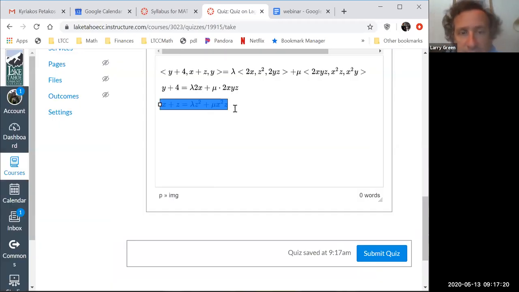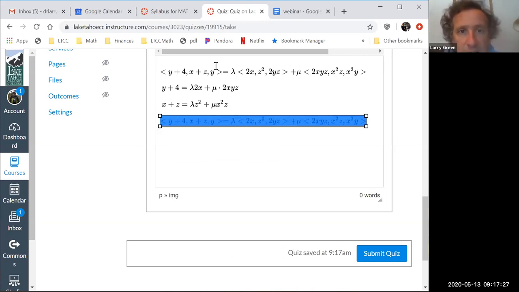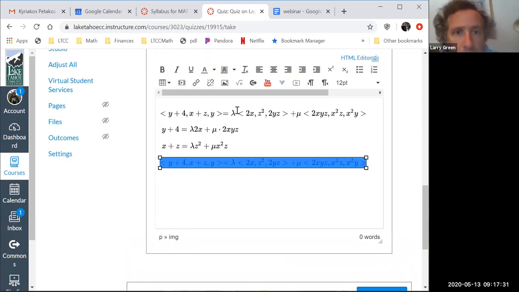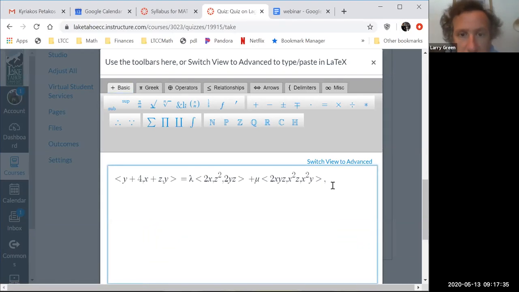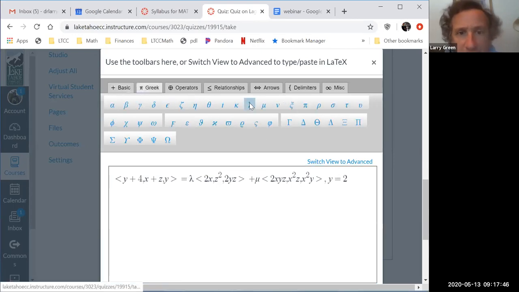And then the next equation. Let's do the third equation. The third equation will be y equals lambda times 2yz, or let's just write that as 2 lambda yz. You guys put the number first.